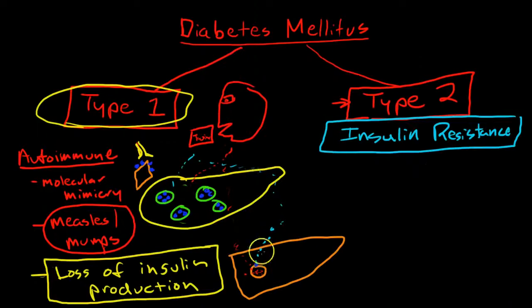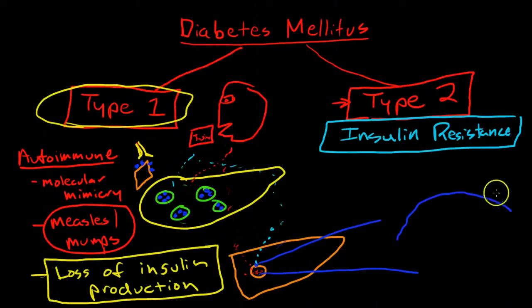The dysfunction here is actually in the cells that are receiving the message from the insulin. Now remember what happens inside the cell. Take us down to the cell here. Remember, on the cell membrane, we've got our insulin receptor, and we've got insulin binding with it here.